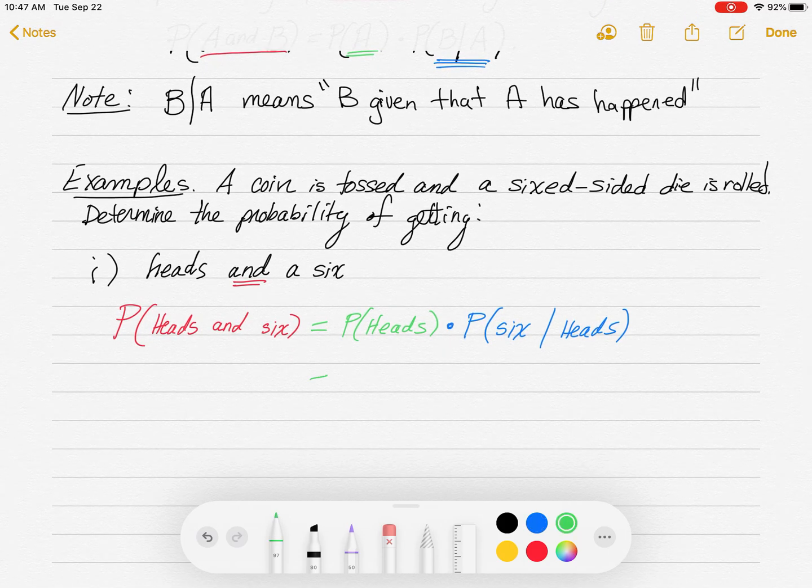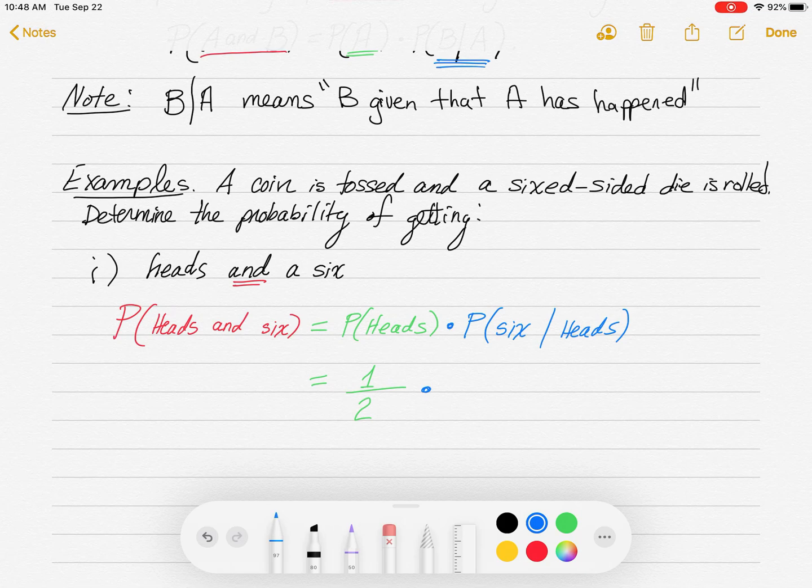Okay. So if I toss a coin, what's the probability of getting heads? There's only one way to get a heads, that's getting one head, and there are two outcomes, right? Heads or tails. So 1/2 is my probability of getting a heads. Now I'm going to multiply this by the probability of getting a 6, given that I've already had a heads.